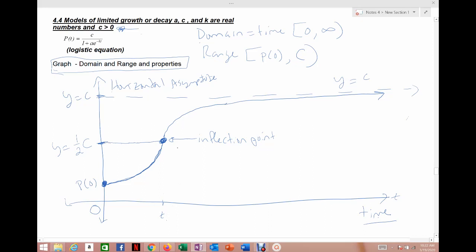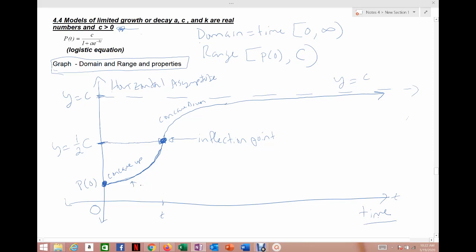And it's important. First of all, it's where it's switching concavity. I'm concave up, and at this moment I switch to concave down. Remember what that means. Concave up means I'm increasing at faster and faster rates. My slopes are getting bigger.